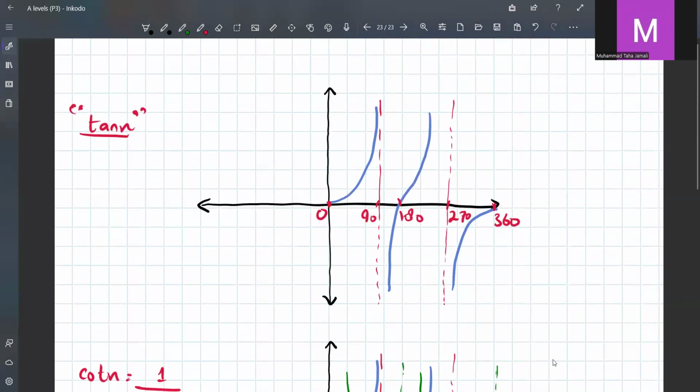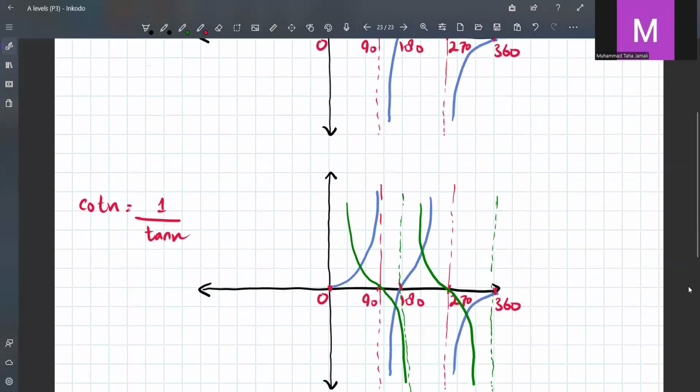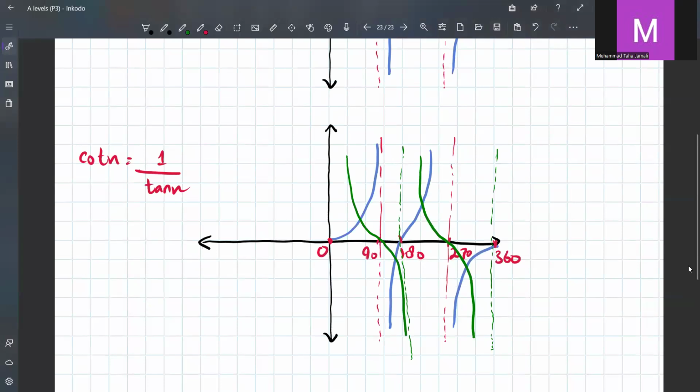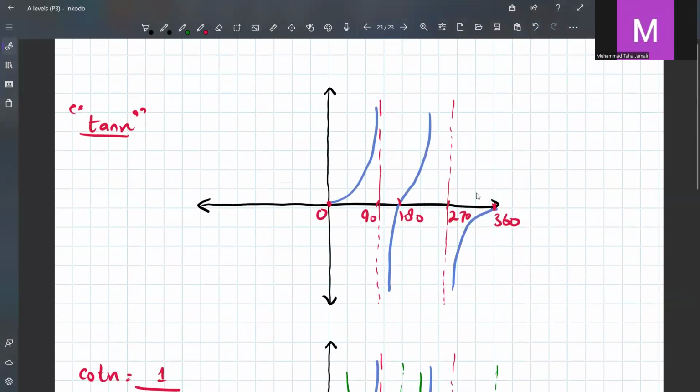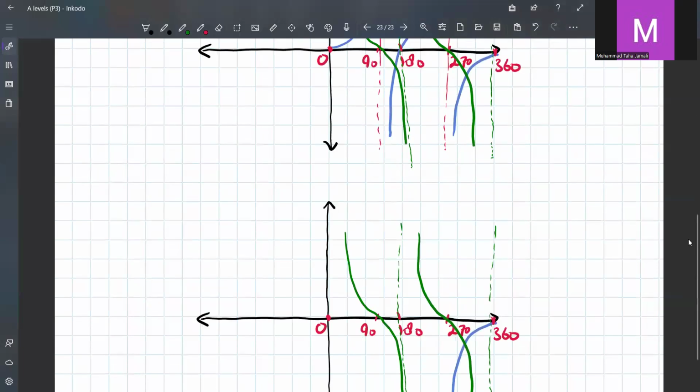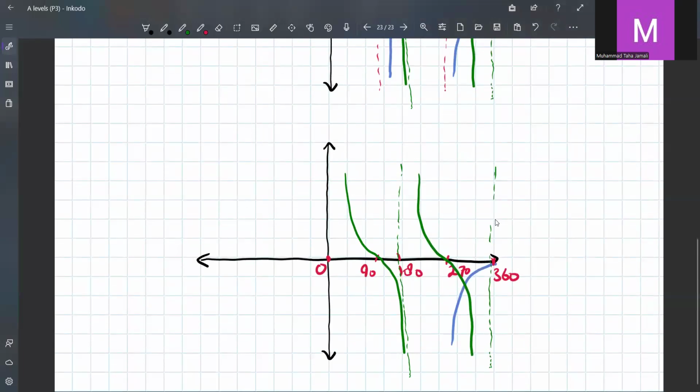These were just for the sake of explanation. If the examiner asks you to draw a graph for cot x, you don't have to show all these steps. You can just draw this final version.